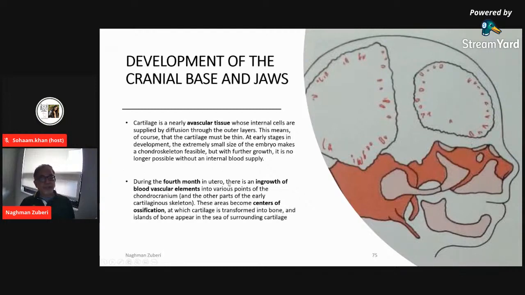During the 4th month in utero, there is an ingrowth of the blood vascular element into the various points of the chondrocranium and the other parts of the early cartilaginous skeleton. These areas become centers of ossification. Now the bone is going to form and cartilage is going to be replaced, at which cartilage is transformed into bone, and islands of bone appear in the sea of surrounding cartilage, like this.